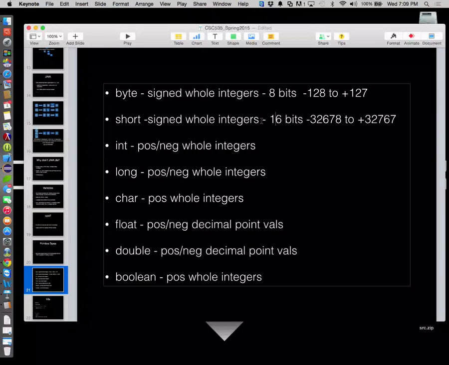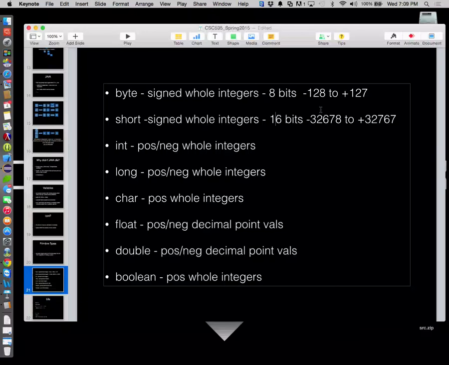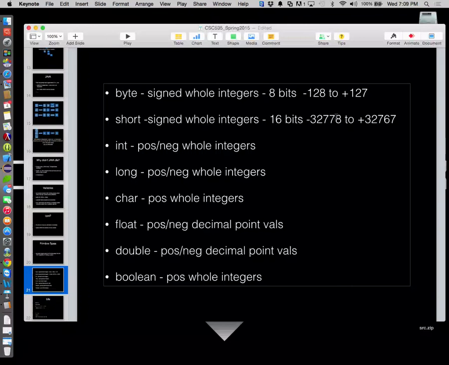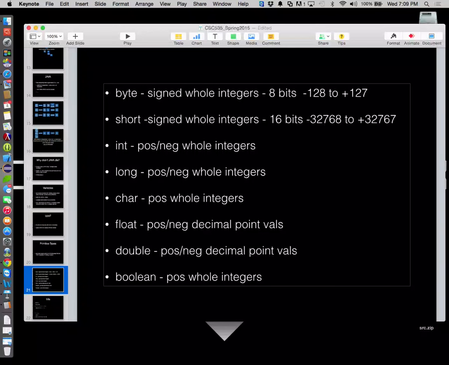Make sense? Okay. So shorts can hold numbers in the range of negative 32,768 to positive 32,000. I said it right, but I wrote it wrong. 32,768 to positive 32,767. It's the range of values it can hold.